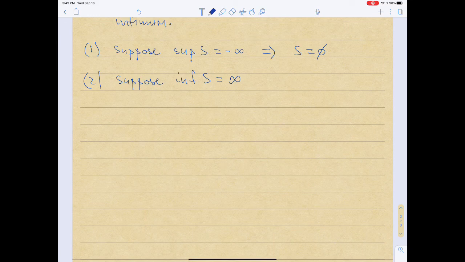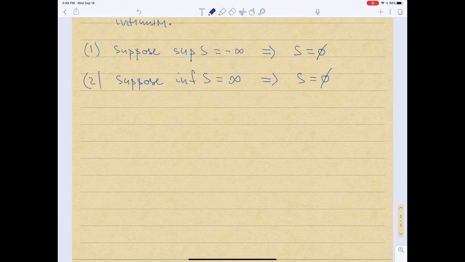So that means the greatest lower bound is infinity. Greatest lower bound is greater than any real number. So that is not possible because you cannot have a number which is greater than any real number. So again, this would be a contradiction in terms. So S in that case is also going to be empty.